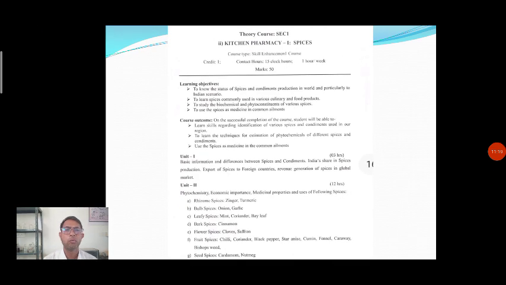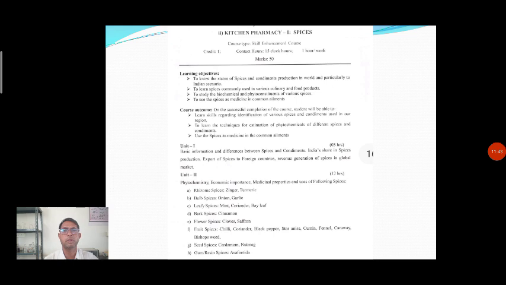Along with these, flower spices, that is cloves and saffron, and fruit spices like chili, coriander, black pepper, then many more, but particularly we are going to focus on chili, coriander, black pepper, star anise, cumin, fennel.